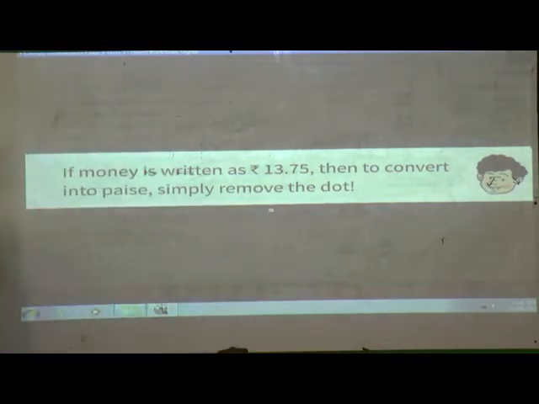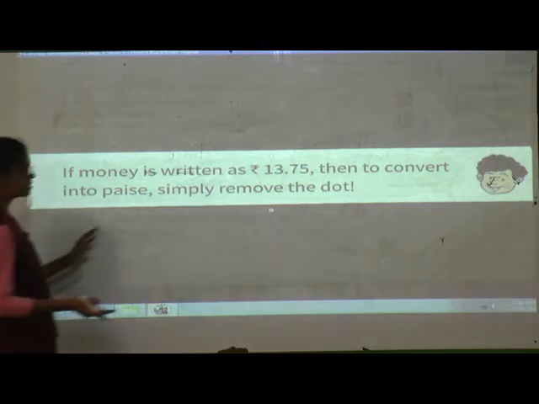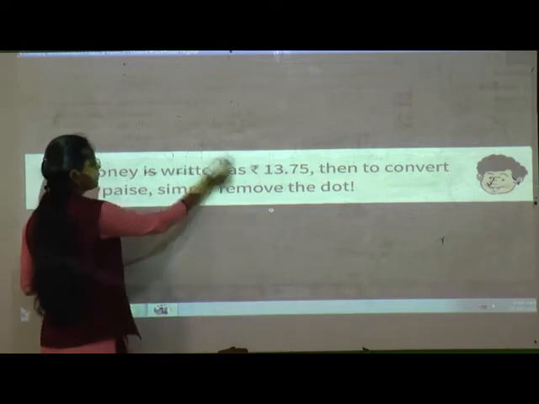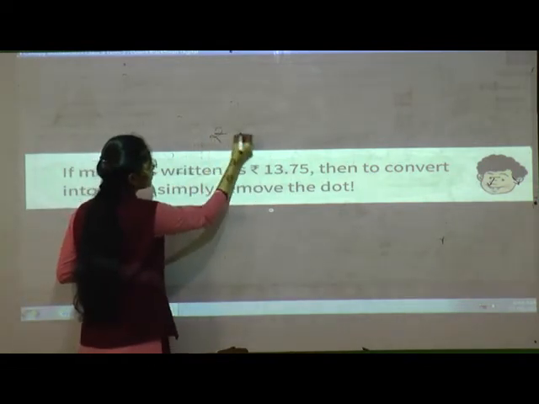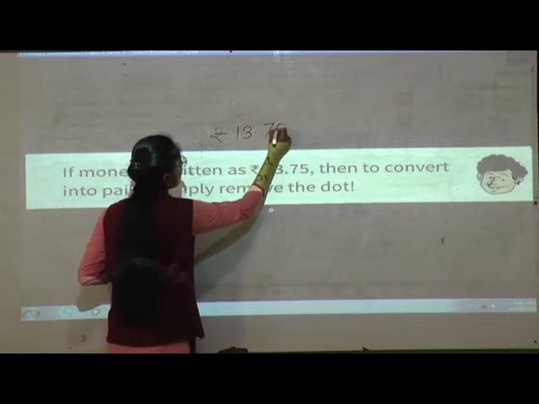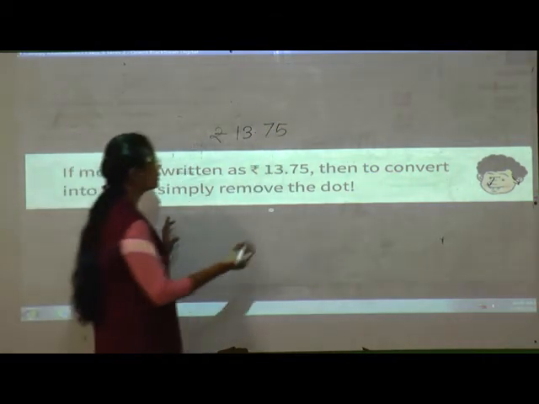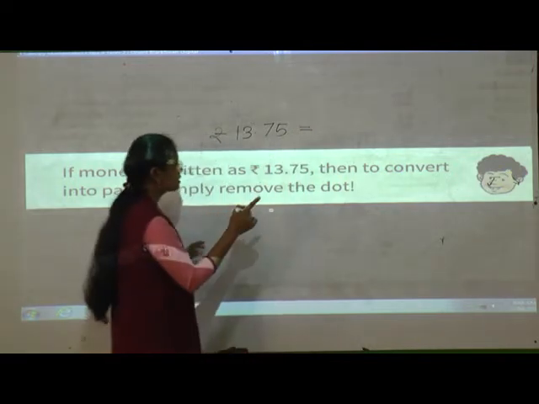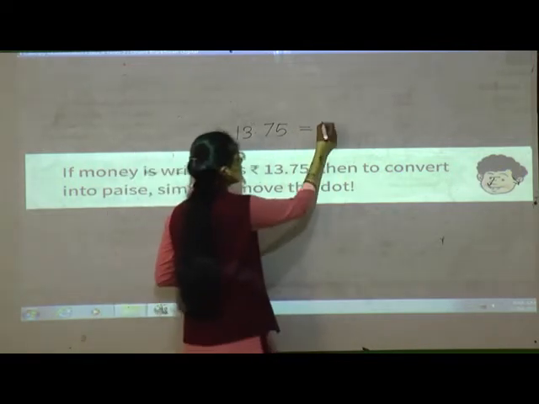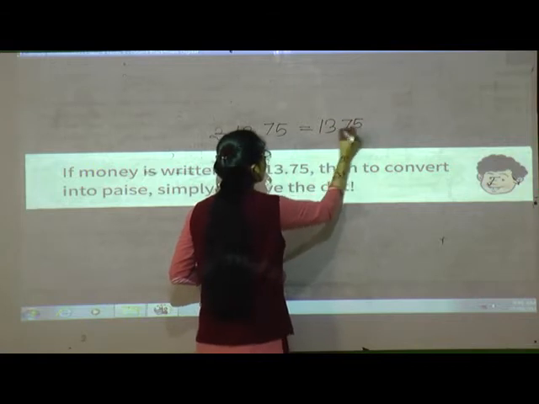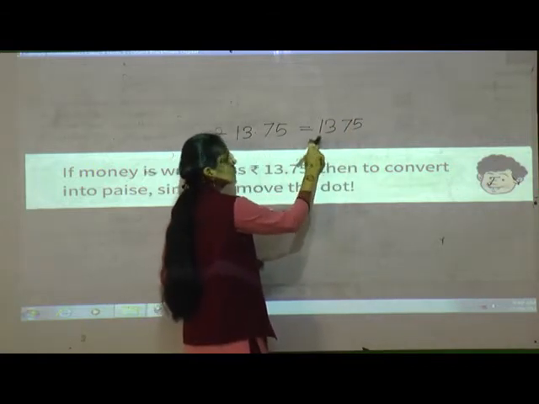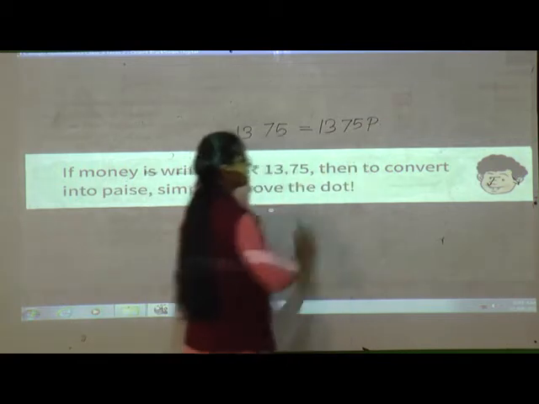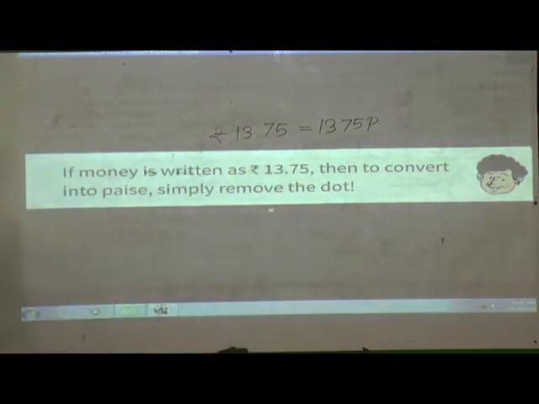For example, taking this same example, rupees 13.75 is equal to 1375 paise, just by removing the dot.